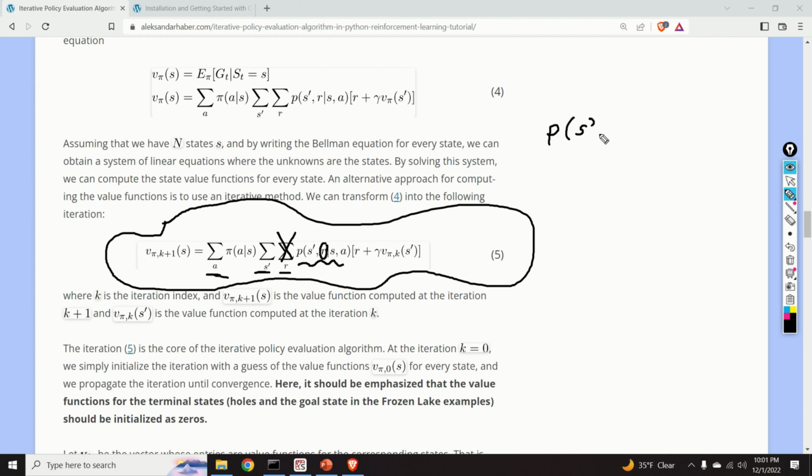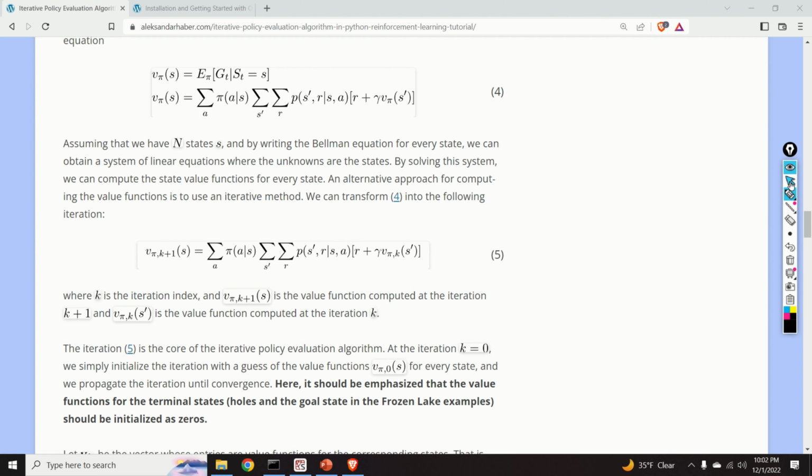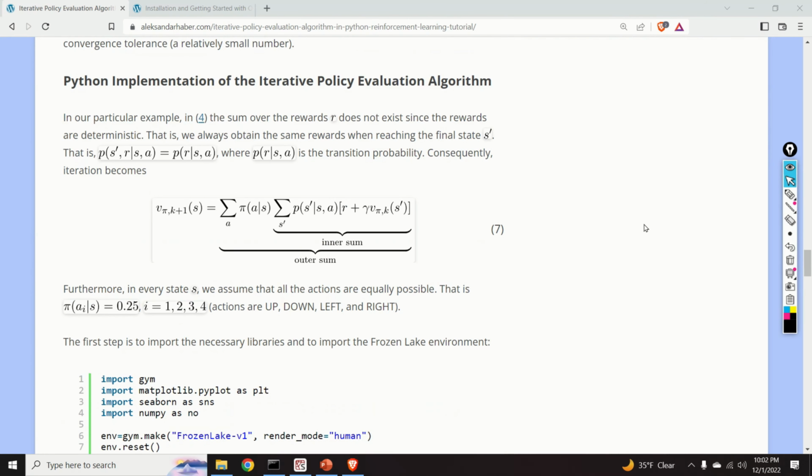So p of S prime, comma R given S and A is equal to the probability of S prime given S and A. Consequently, we don't need to sum over R, and this significantly simplifies the implementation. Over here we will have the outer sum, performed over the actions, and then the inner sum performed over the next states.